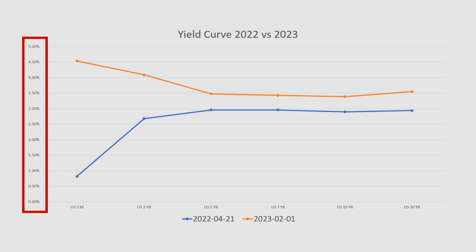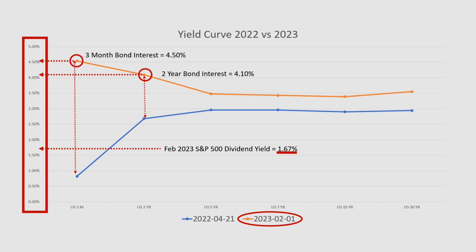In February 2023, S&P 500 stocks paid about 1.67% dividend on the stock price. But short-term 3-month and even 2-year bond interest rates have shot up much higher than in 2022. They are now around 4.5% and 4.1% respectively.